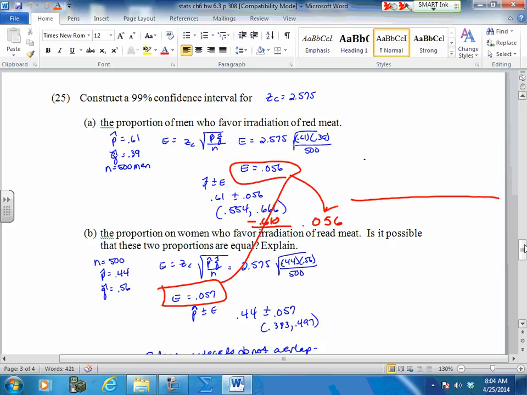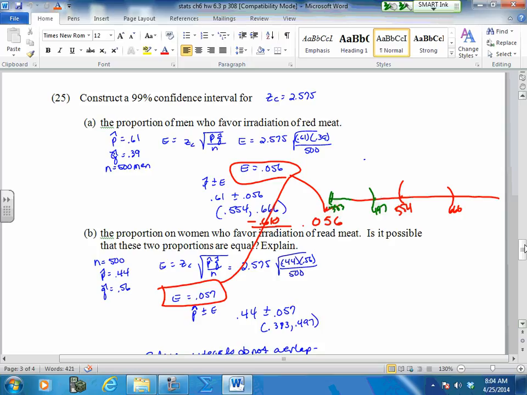If we chart this one, 0.554 to 0.666, here's this interval. Then we chart this one. It's going to end at 0.497, and it's going to start at 0.383. Their confidence intervals don't overlap because their p-hats are not the same.